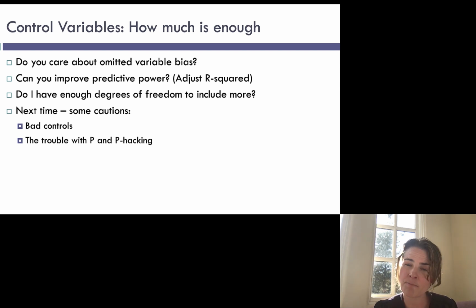And in the part of this class that is teaching you to lie with data, we'll teach you something about P hacking. And we'll also look at some other issues that crop up in linear models and how to correct them. So there's some cautions in how you choose and shape your models. Redundancy is also going to come up. But for now, we'll leave it at that, and we will talk more about linear models next time.